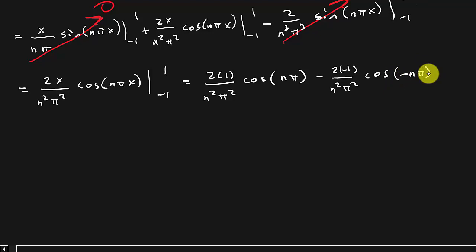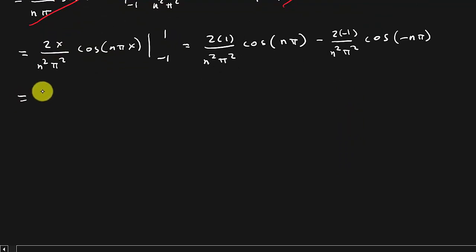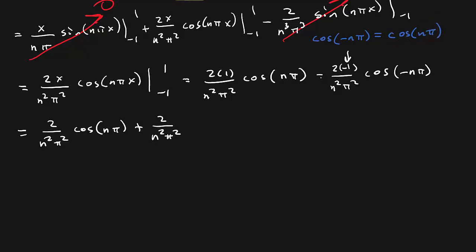All right. So hopefully everybody's with me now. So this is going to be 2 over n squared pi squared cosine of n pi. Now, look, you see this negative here, that negative and that negative make a positive. And so that's going to be 2 over n squared pi squared. And then remember, we talked about this earlier. Cosine of negative n pi is the same thing as cosine n pi.